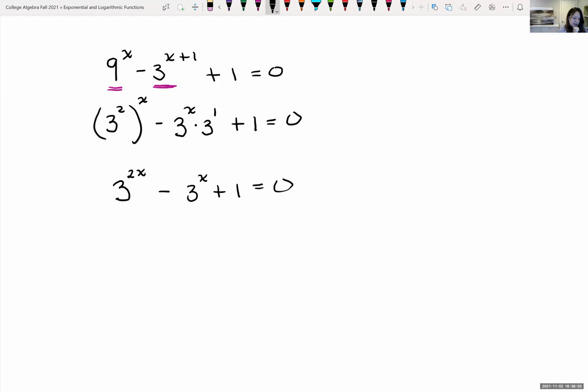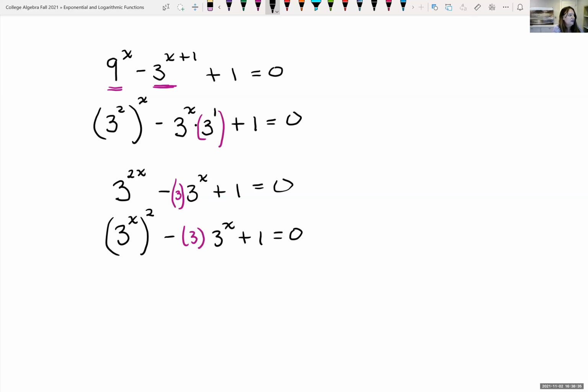Okay, so same idea. I just want to rewrite it a little more. This is the same thing as 3 to the x, and then I'm squaring it, minus, oops, and I dropped my 3 here. We didn't want to drop this little 3. So let's put that out front here. 3 times 3 to the x, plus 1 equals 0.